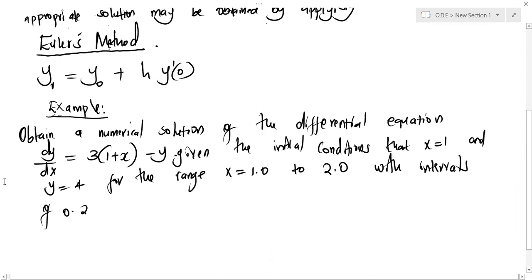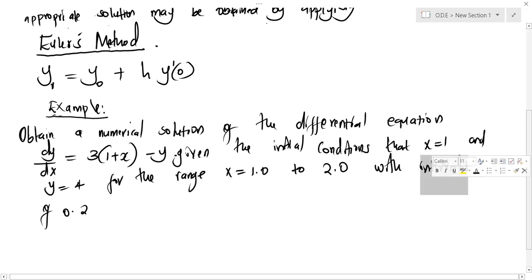So given a particular question like this, I want us to get the values so that you can plot the solution. So obtain a numerical solution of the differential equation dy/dx is equal to 3 into (1 plus x minus y), given the initial conditions that x is equal to 1 and y is equal to 4, for the range x is equal to 1.0 to x is equal to 2.1 with intervals of 0.2.